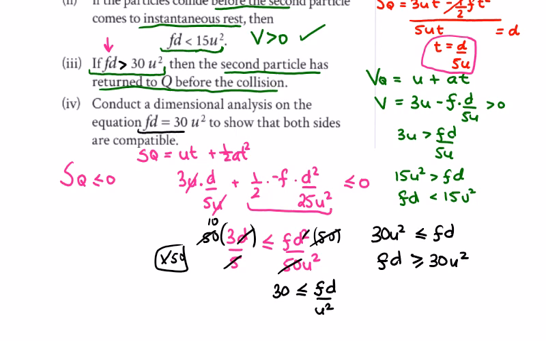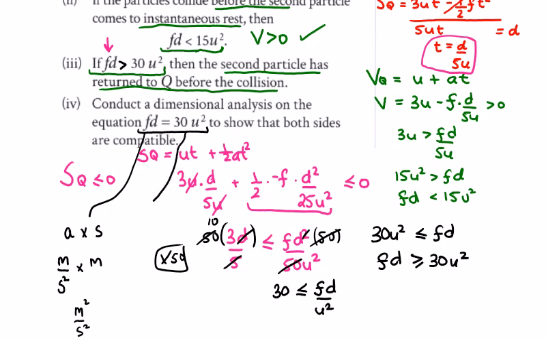Then we're asked to conduct a dimensional analysis on the last part here. fd is acceleration by distance. Acceleration is m s to the minus 2, or m over s squared, and distance is in meters, so the dimensional analysis on the left is going to be m squared over s squared.